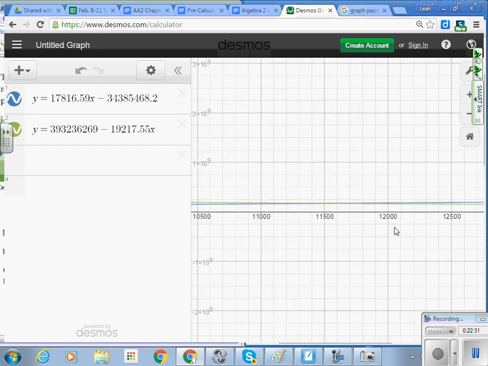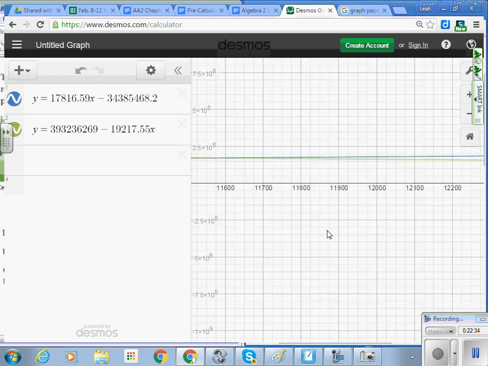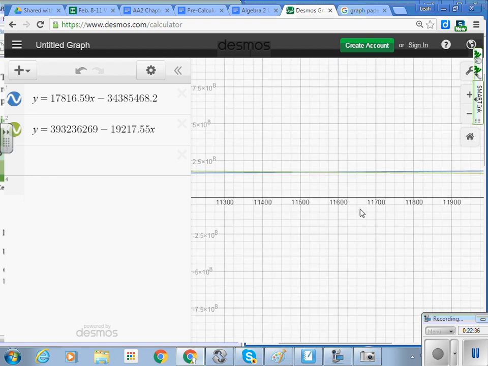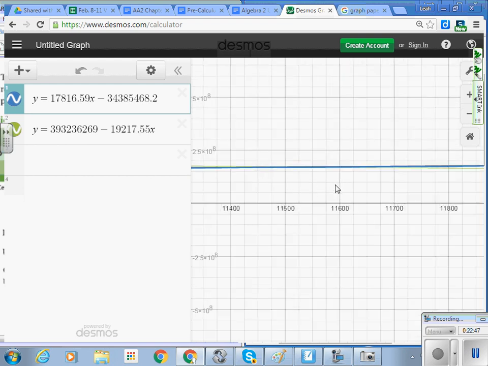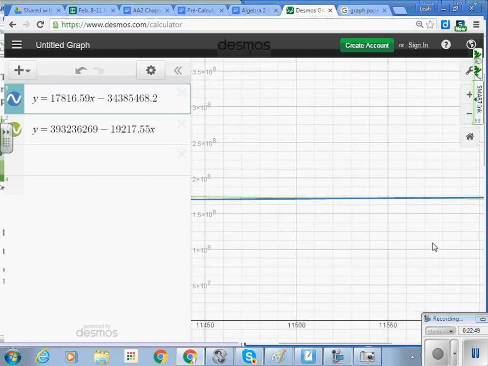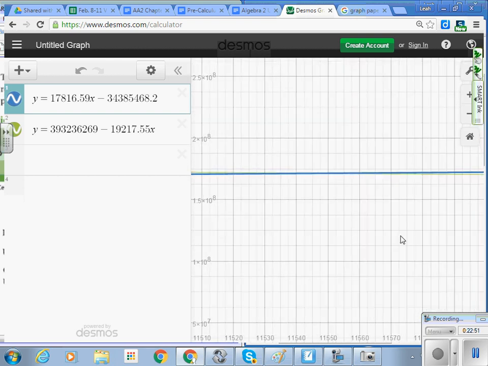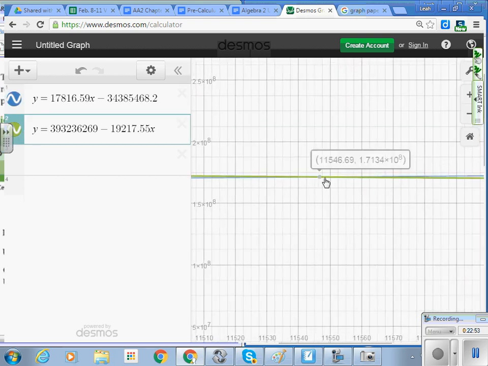Or window range. Okay, well. Oh, check it out, calculator. So I'm just trying to find out where these two lines cross. So I'm zooming. It's the monster. Right here. Thank goodness.